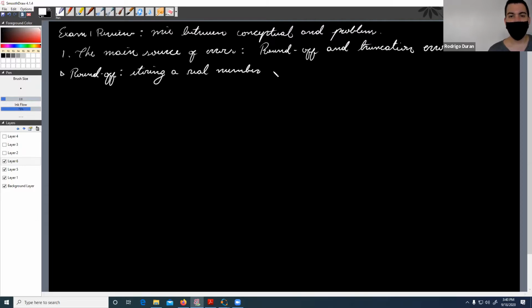If you want to store something like 0.32, or pi, or any very convoluted real value that has a lot of decimals, and even if it has only a few decimals, the computer cannot store this correctly in its memory.